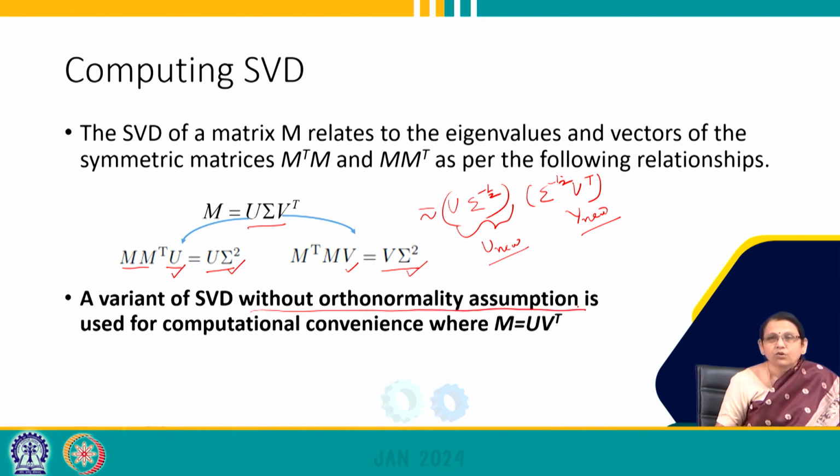To remind you, what is the orthonormality assumption? If we take any two columns of the matrix and multiply them, the result is 0. So, they are perpendicular to each other, that is, orthogonal, and they are also unit vectors.